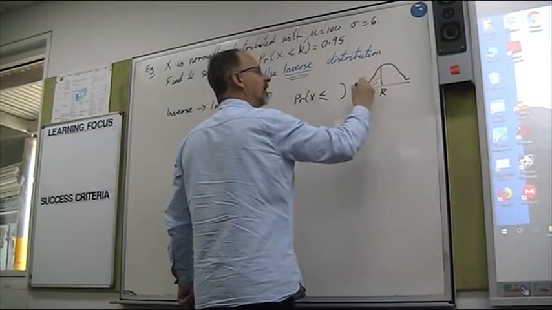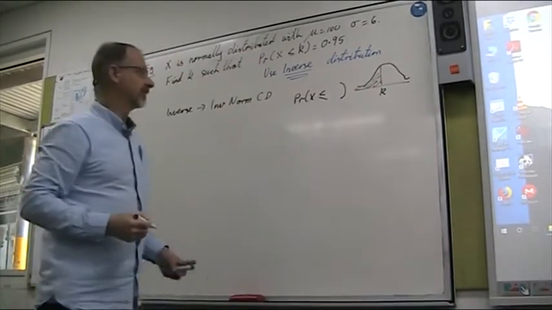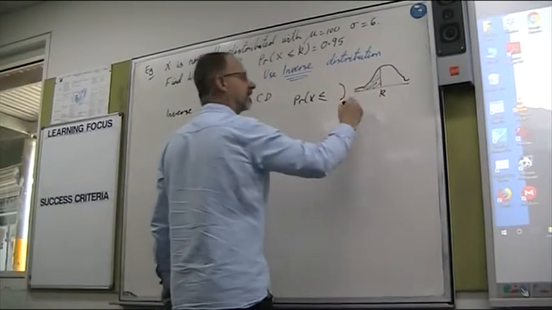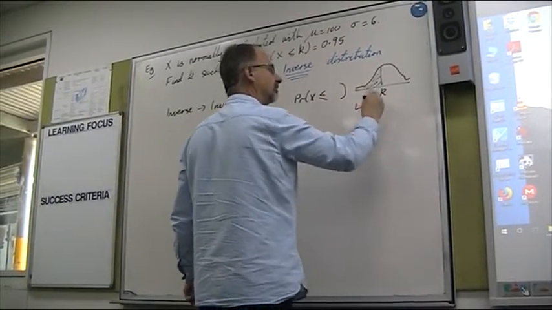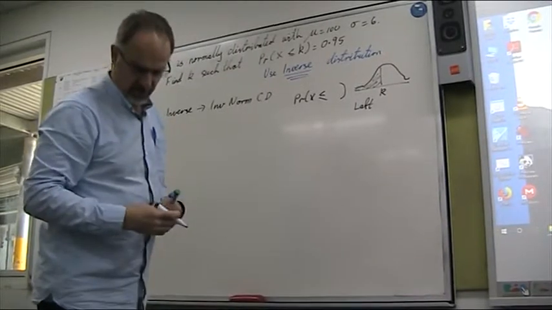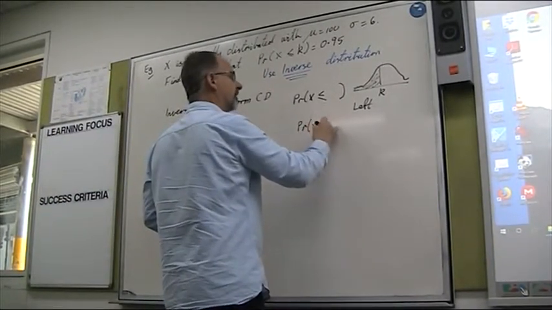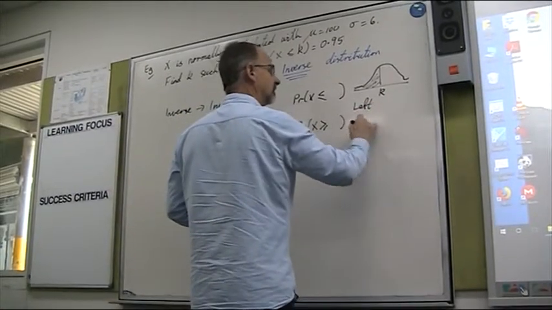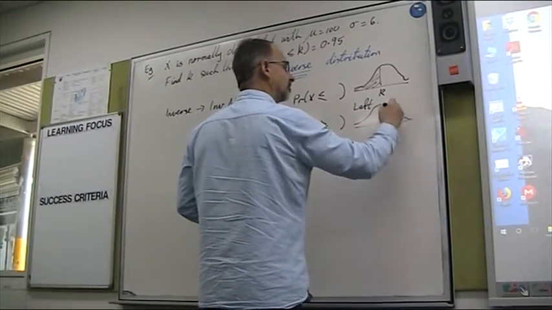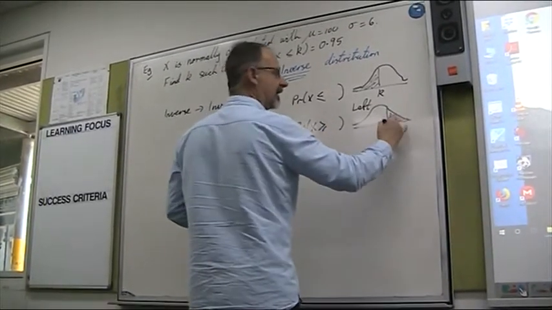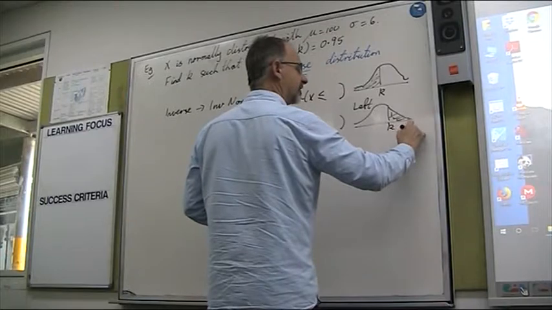We're looking for this bit on the left, so in this case our tail is to the left. If we were looking for the probability of greater than or equal to some number, there's our number, that'll be this bit here, and our tail is to the right.